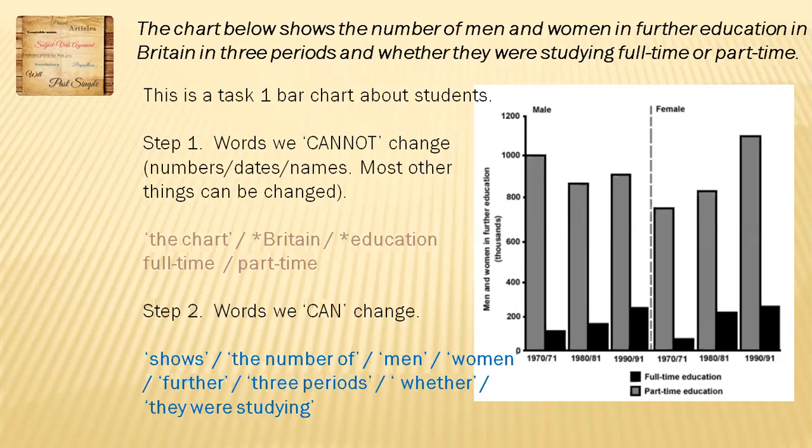So underneath in the blue are all the things we can change. Shows: we should always change the first verb. The number of, men, women, further, 3 periods, whether they were studying. So these are the main vocabulary words that we're going to look at.